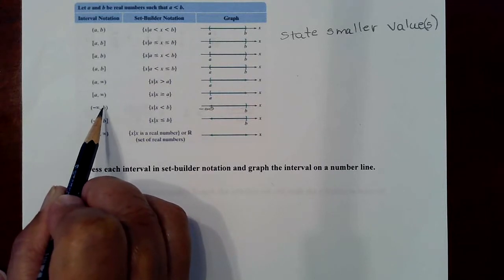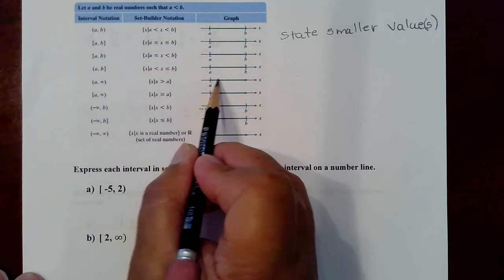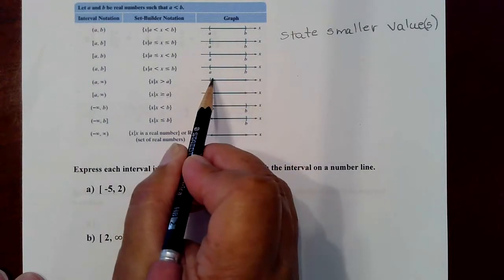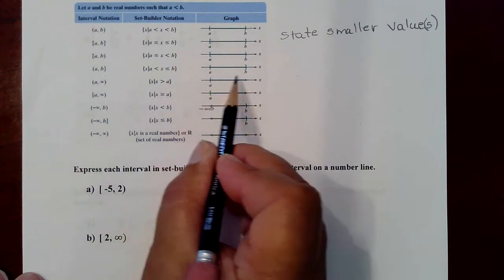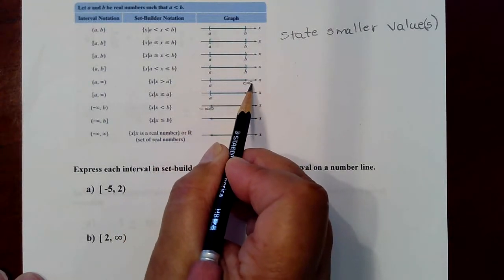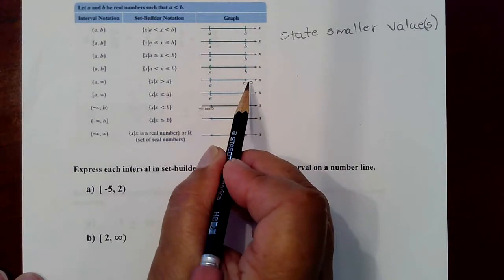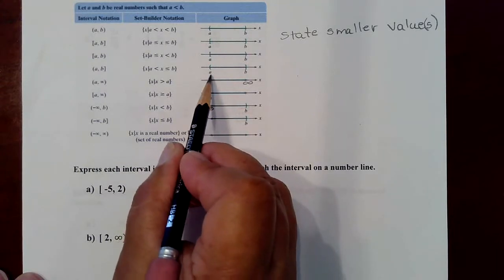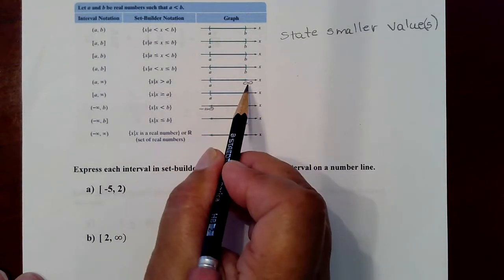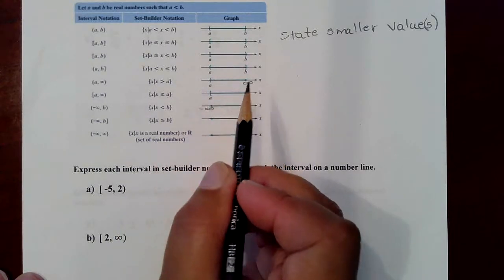Same thing here and here. Whereas if you're going to the right, to positive infinity, these are the smaller values, and infinity would be the larger values. That's why if your answer includes positive infinity rather than negative infinity, you'll state the endpoint first, then the infinity symbol. So be careful with that.